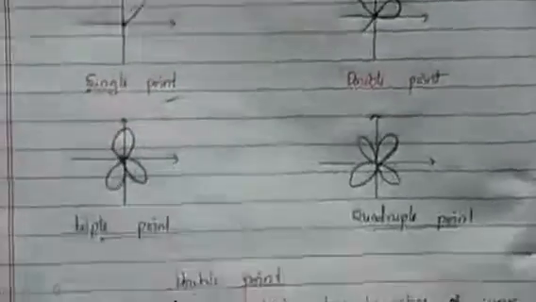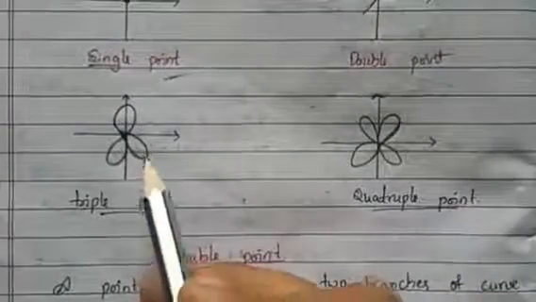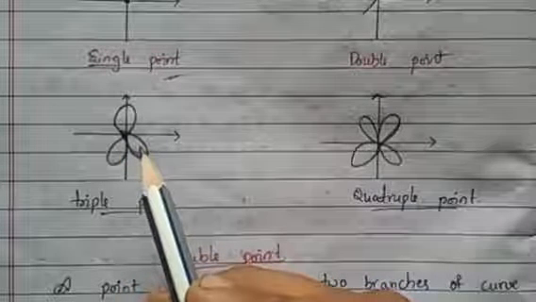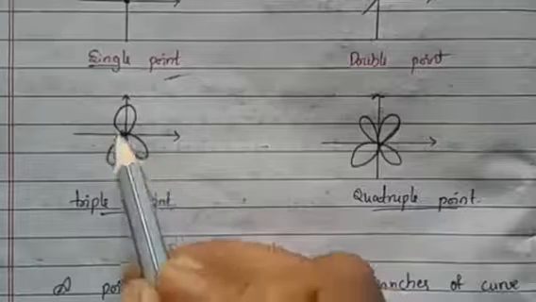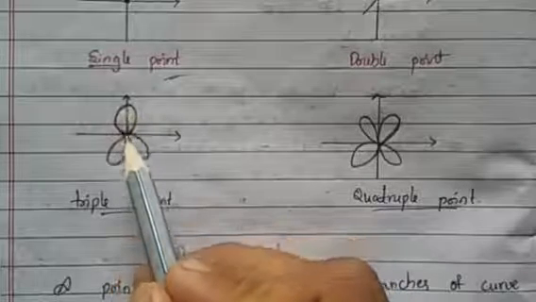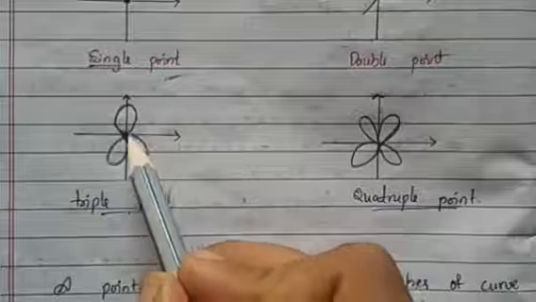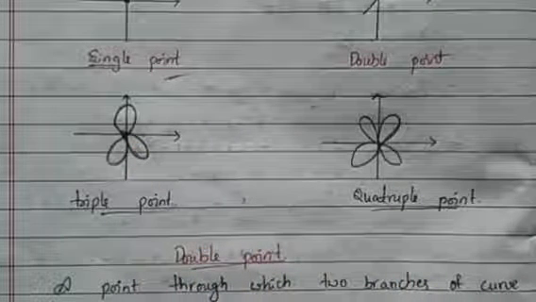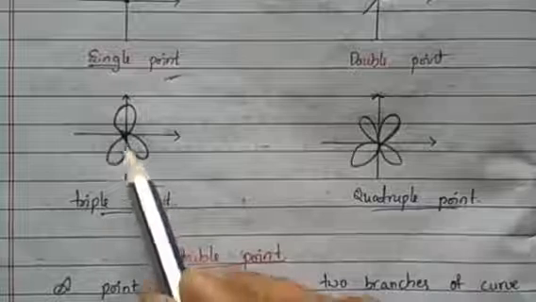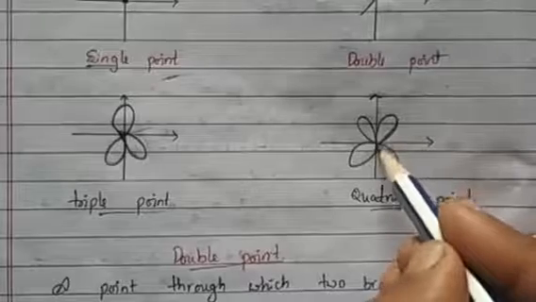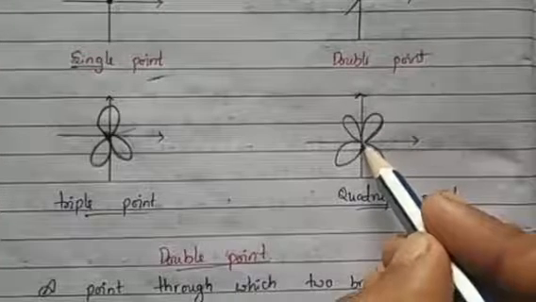And triple points. A triple point means that at this point three branches of the curve pass. Look here, this is one branch of the curve, this one is another branch, and this one is the third branch. So we say it is a triple point. Look at this graph.